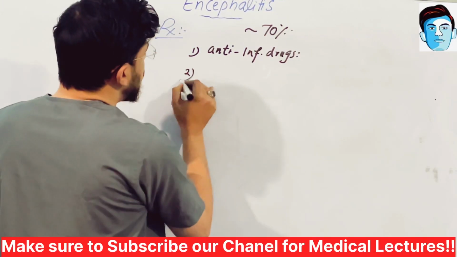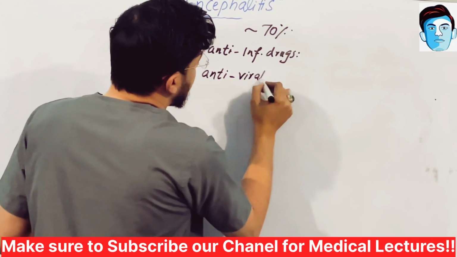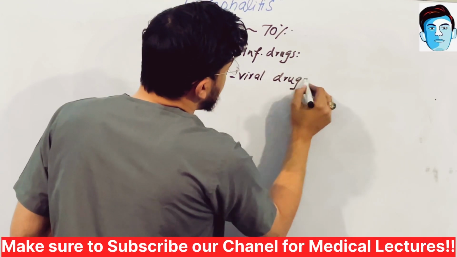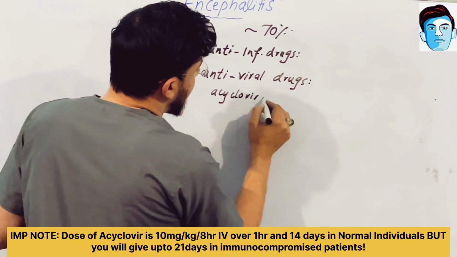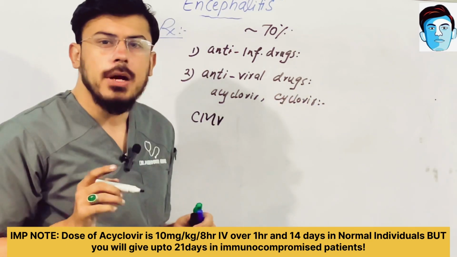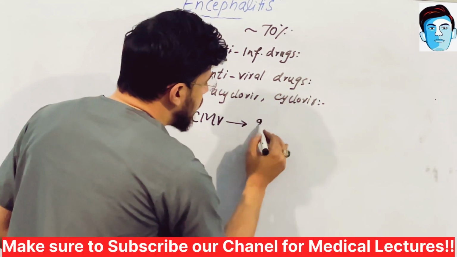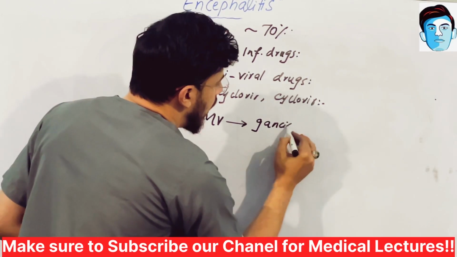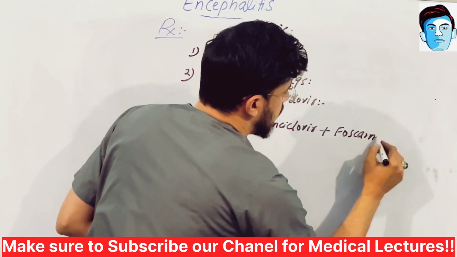Now the second is you should give the antiviral drugs. In antiviral drugs you should give acyclovir. If you suspect a cytomegaloviral infection, in that condition you have to give ganciclovir and foscarnet, right?